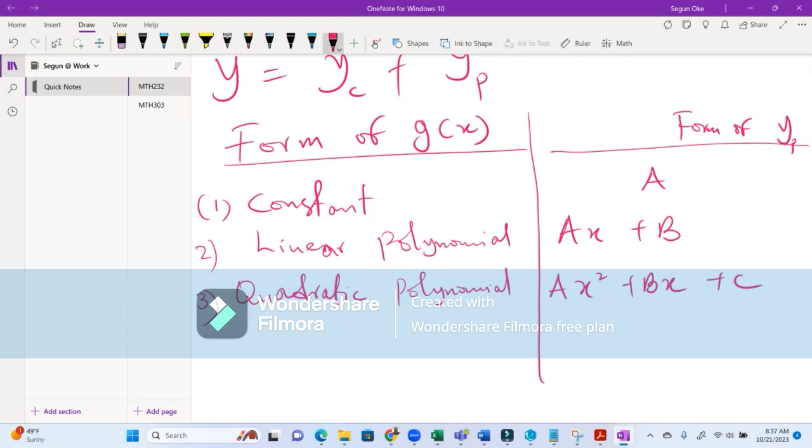Please take note of this. Number four, if I have a cubic polynomial, I will need ax cubed plus bx squared plus cx plus e.